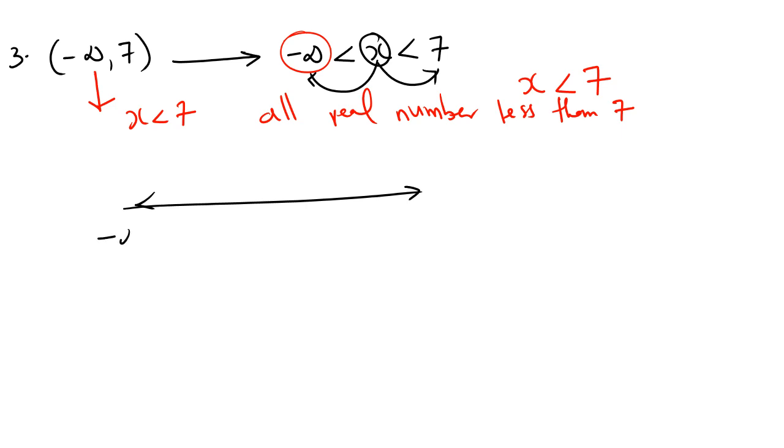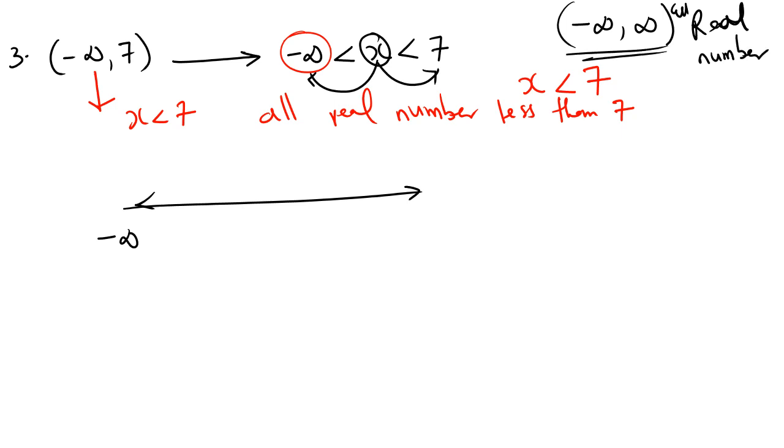Again, to graph this, you have the graph this way. You know that your negative infinity is this way, right? Even though it's not real, we use negative infinity, comma, positive infinity, open on both ends to represent all real numbers. So we usually use just this expression right here.